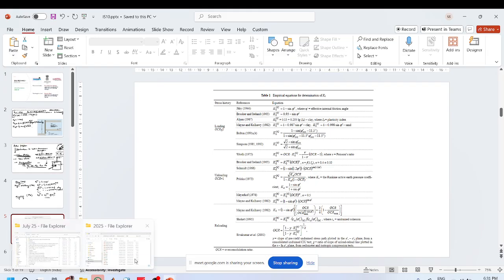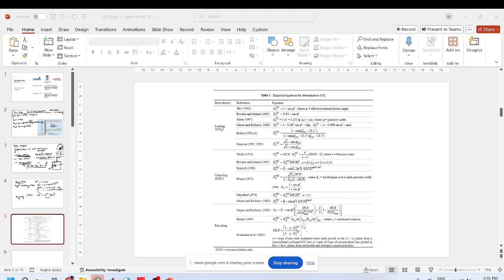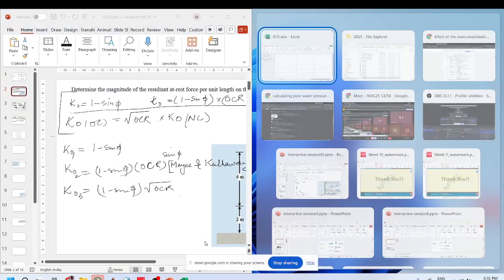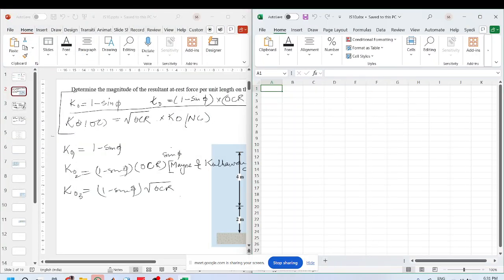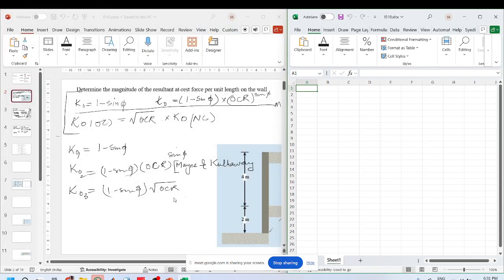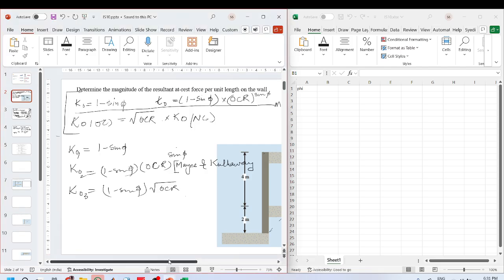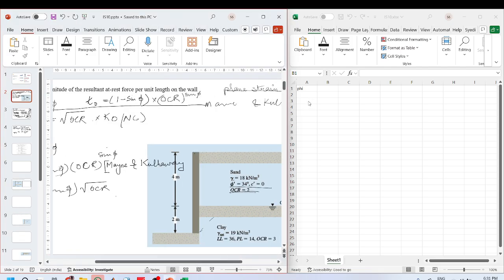So let me open the Excel sheet. Our question asks us, phi has been given, which is 30.